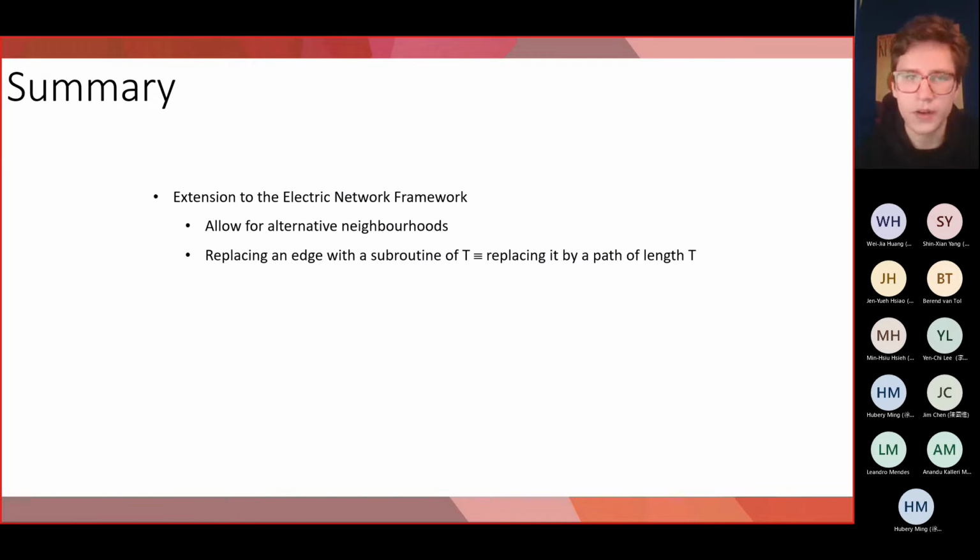So to summarize our work, we have extended the electric network framework by Belovs to allow for both alternative neighborhoods, as well as replacing expensive edges, which could be a quantum subroutine, by just a path of very simple edges. We've applied this to k-distinctness to get a time upper bound that matches, up to polylogarithmic factors, the query upper bound by Belovs.